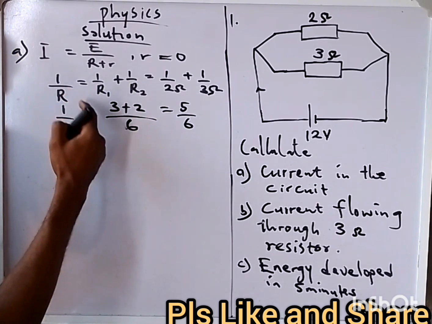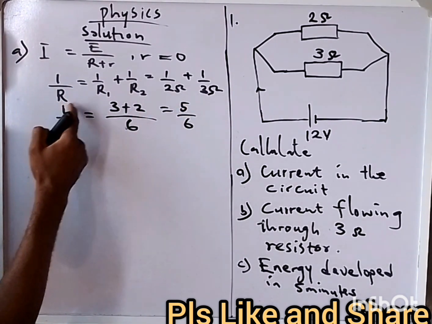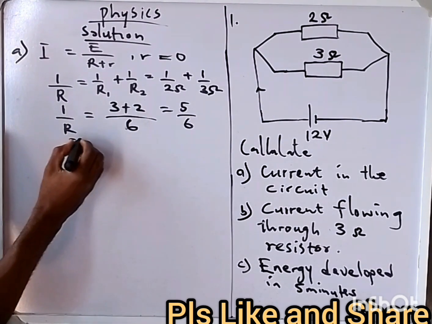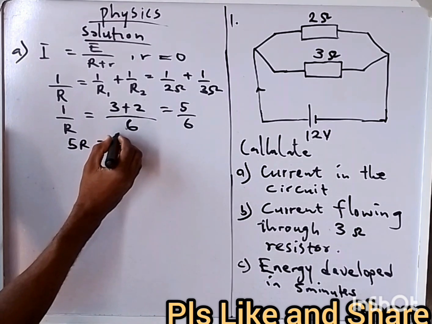If you make R the subject here, you cross multiply, 6 times 1 and 5 times R, which gives 5R is equal to 6.